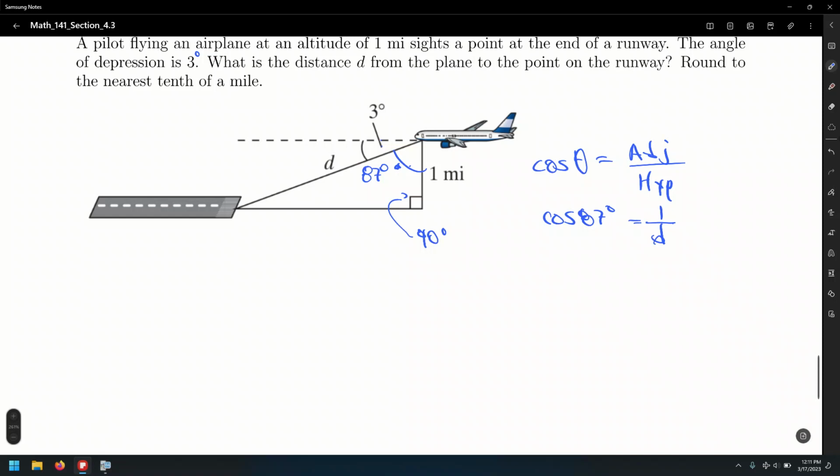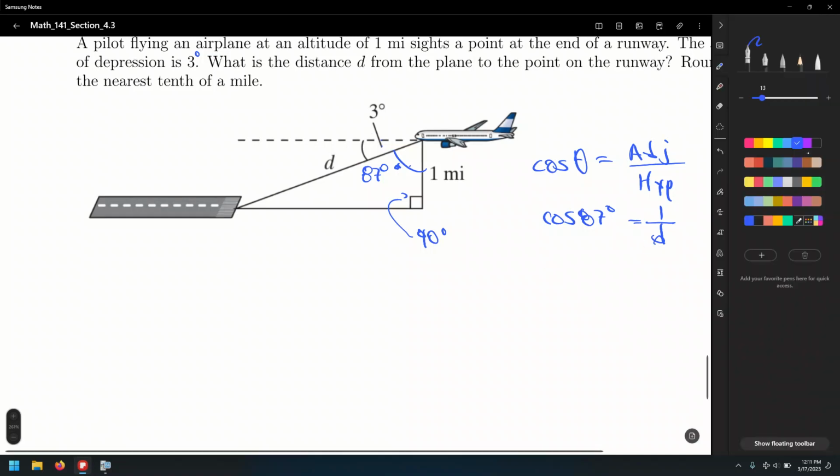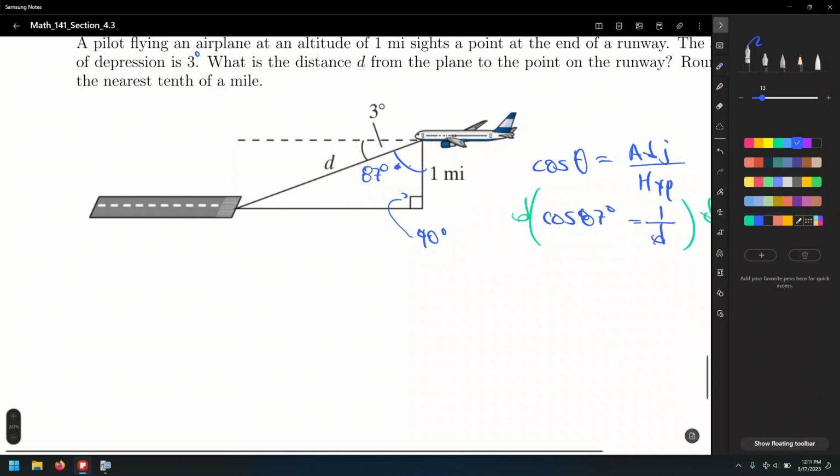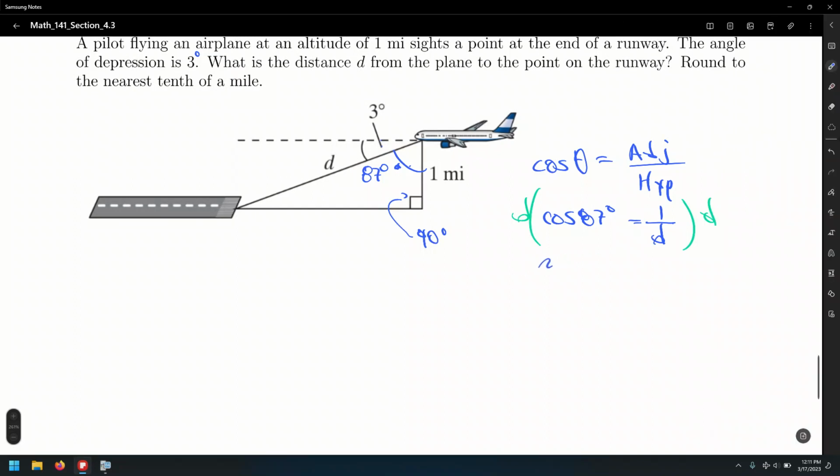Now careful, because we need to solve for d in this case. Multiply both sides by d, and from there, d cosine 87 degrees equals 1.